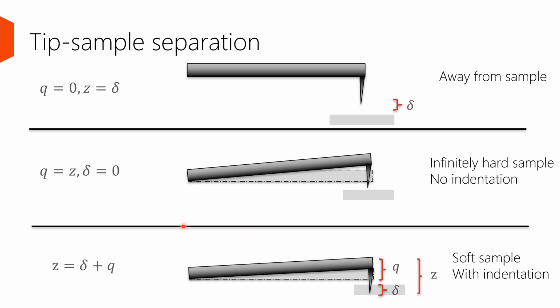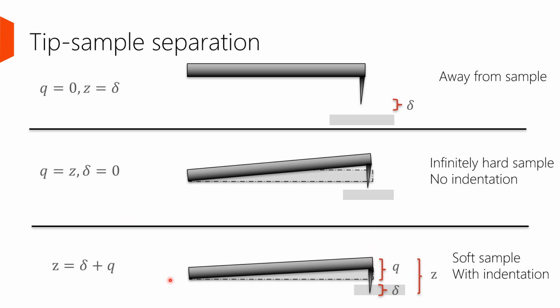If the tip is in contact with an infinitely hard sample, in this phase, there is no indentation, so the tip-sample separation is zero. In this phase, how much the cantilever deflected is equal to how much the z piezo moves.